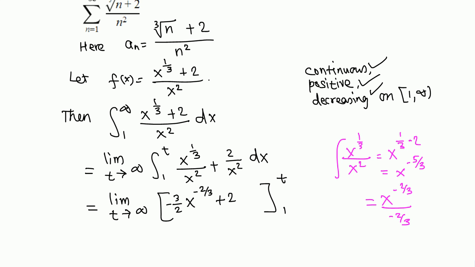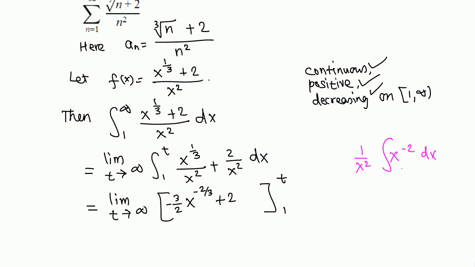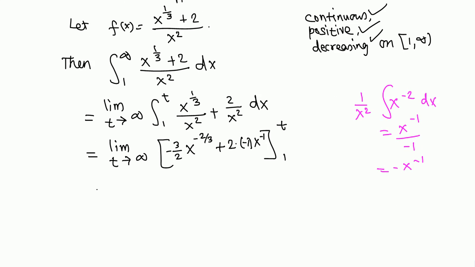Let me erase this part and find that integral. 1 over x squared is the same as x to the negative 2, and x^(n+1) divided by n+1, so negative to the front, x to the negative 1. So 2 times negative 1 times x to the negative 1, and we need to get rid of these negative exponents.